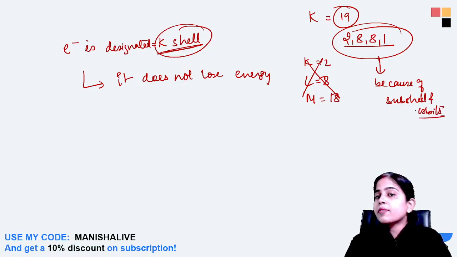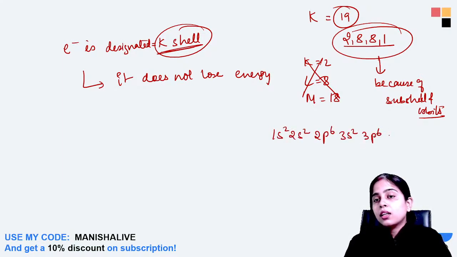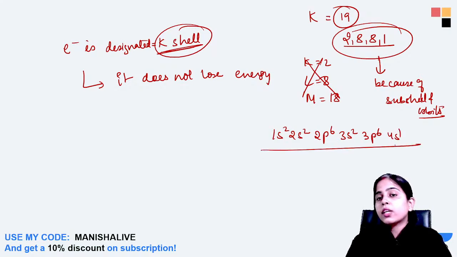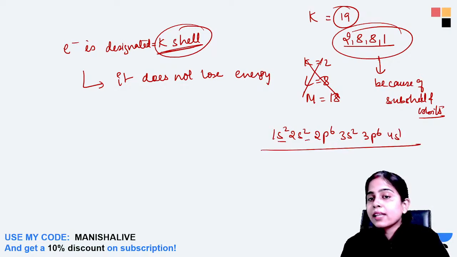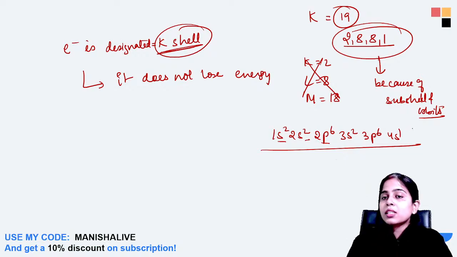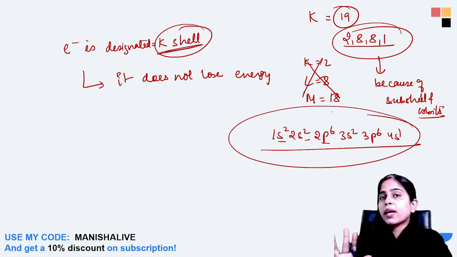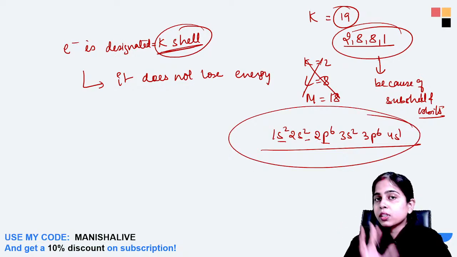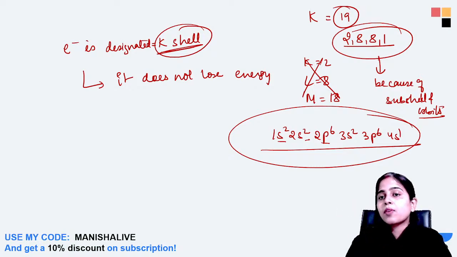Understood? This is a very different thing. It will be written like this: 1s2, 2s2, 2p6, 3s2, 3p6 and 4s1. Now you have to understand what this s is, what this p is, and why we write 2 before that. These are all at the orbital and subshell level. For this we need to understand every quantum number and the formula followed here.